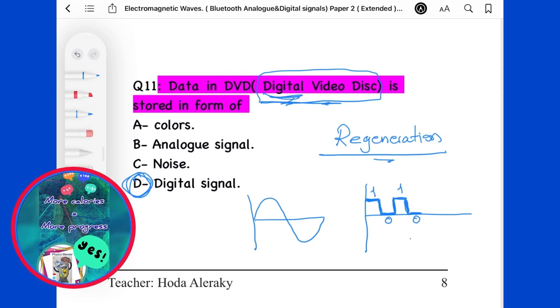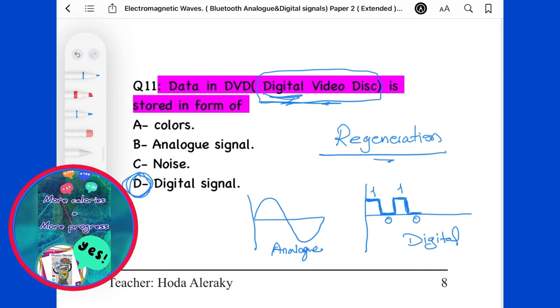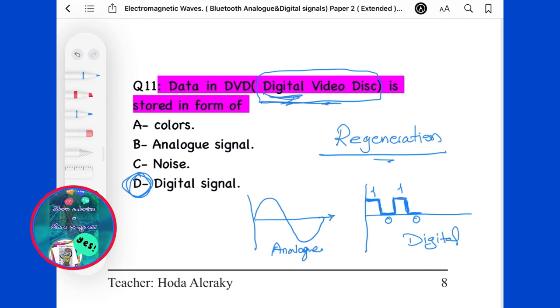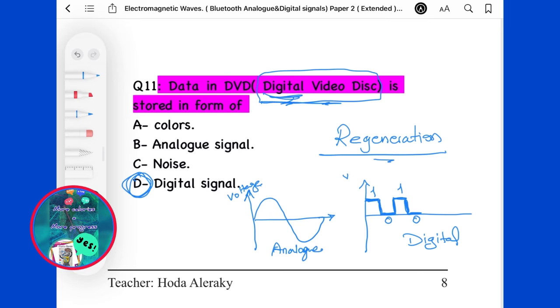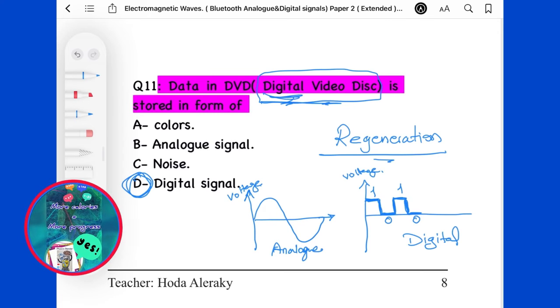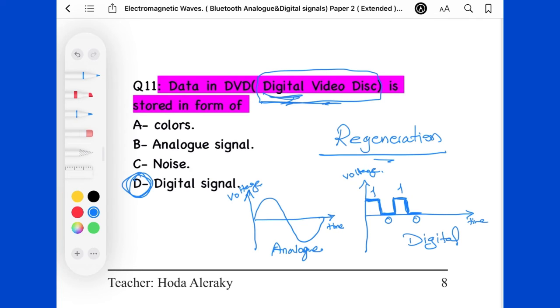Okay, so this is how we can draw the digital one, and here we have the analog one. And for sure you have voltage here, and you have time here, because it's an electrical signal.